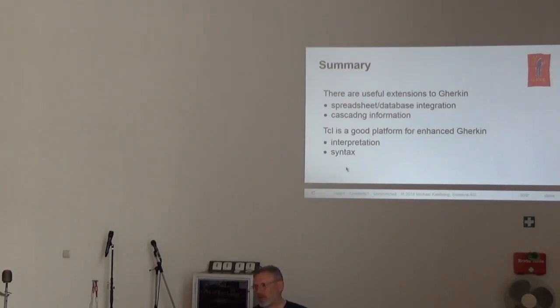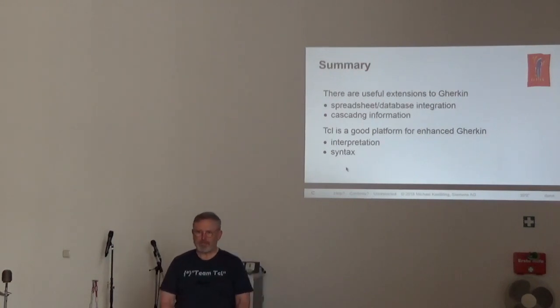The spreadsheet integration was a good idea. The other stuff was nice to have and was easily done with Tcl. And Tcl turned out to be a good platform because of its flexibility, the way I could basically metaprogram the Gherkin language right on top of Tcl. So, questions, please?